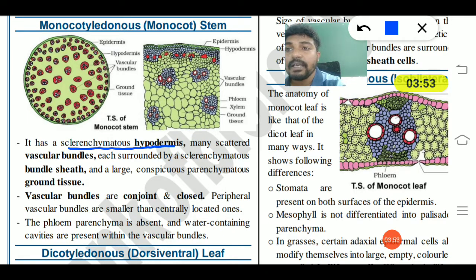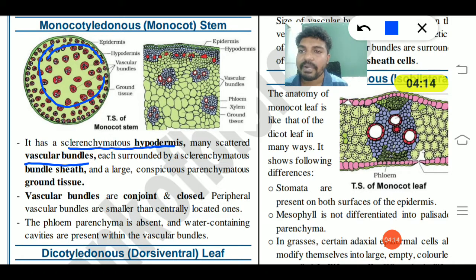Here the vascular bundles are scattered. Look here: in a dicot stem the vascular bundles are arranged in a ring, whereas in a monocot stem you can see the vascular bundles are scattered.